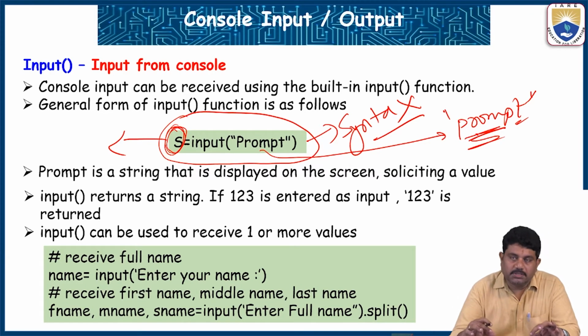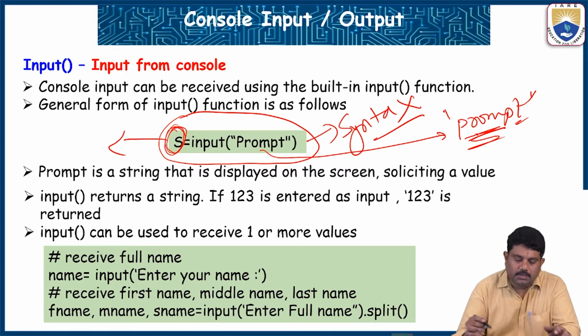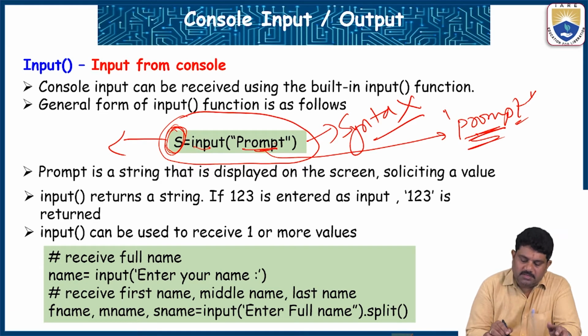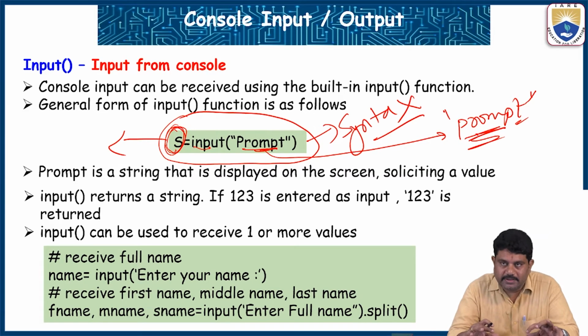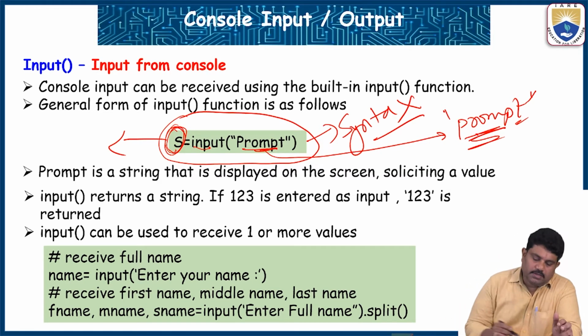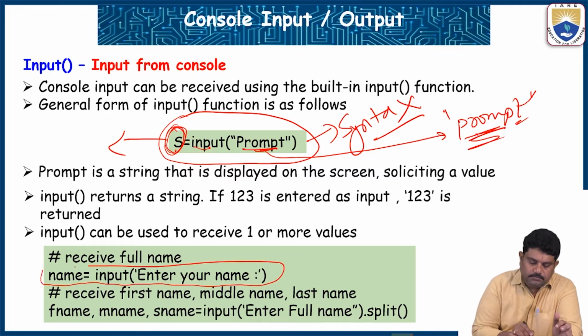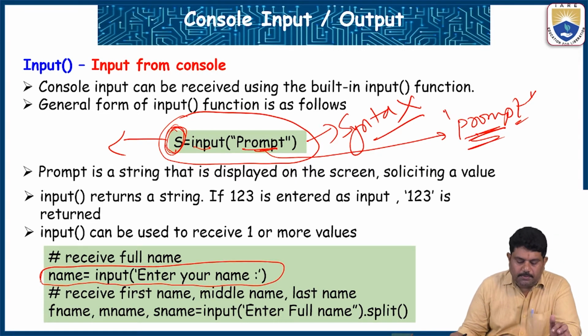So this is about the syntax of the input: input, prompt message, and whatever input you have entered will be converted into a string, and that string will be stored in the variable. See, here I am executing the input function: name equal to input, enter your name.